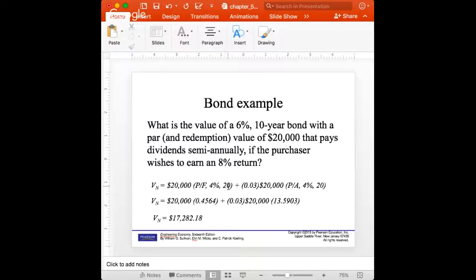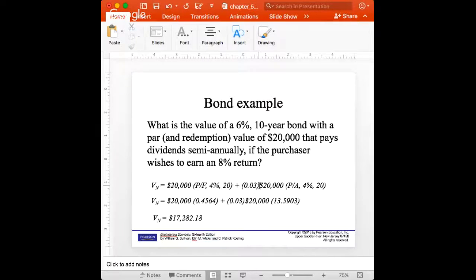And N is 20. And it's 20 because, again, we have 10 years to go, but the dividends are paid every 6 months. So there are 20 bond dividend paying periods to maturity. Then we add the periodic dividend payments.